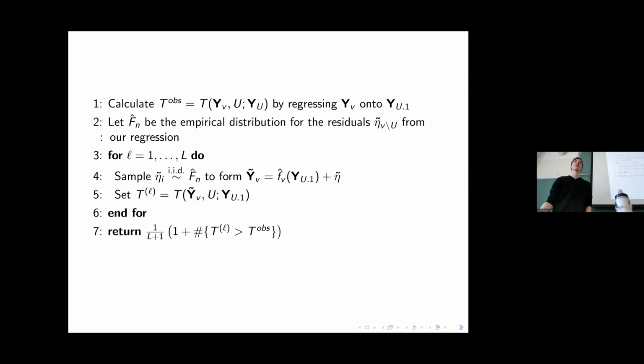This is not my specialty. When you regress V on U, because of the covariance matrix, the residual is going to be uncorrelated with U. Its covariance with U is 0.